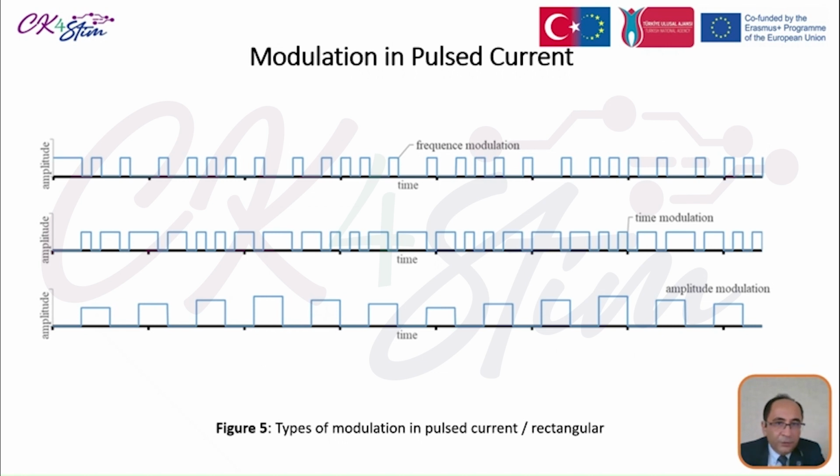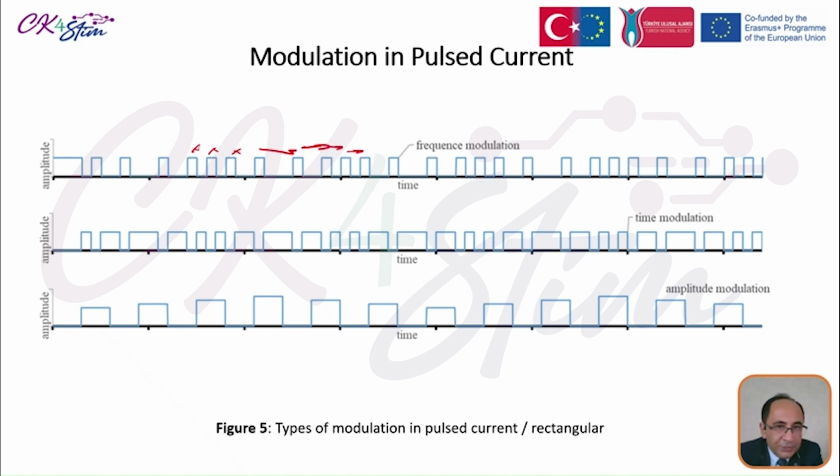Here, if you look at the modulation in pulse currents, we can modulate the frequency, repeating times. As you can see, the time in each repetition can be varied.